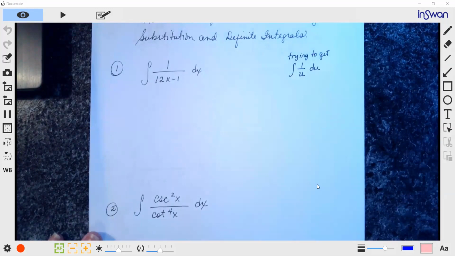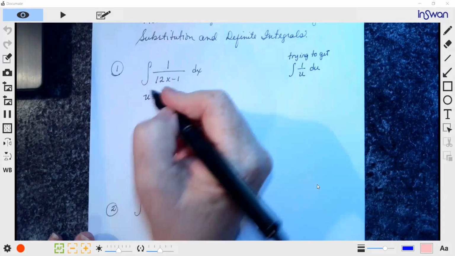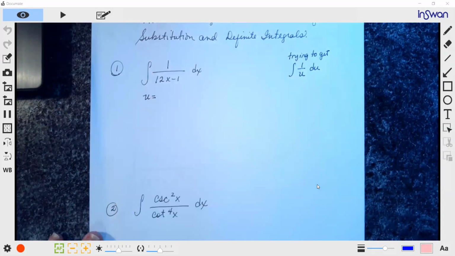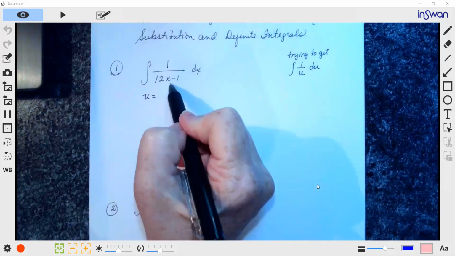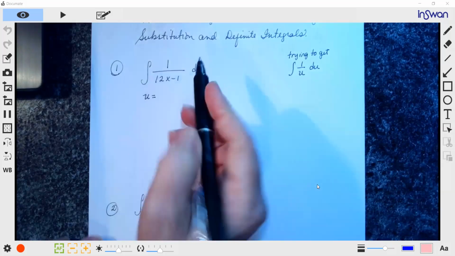What do you think I should choose for u to do a substitution and rewrite this integral? Well, if I want it to be 1 over u, then u would need to be 12x minus 1.